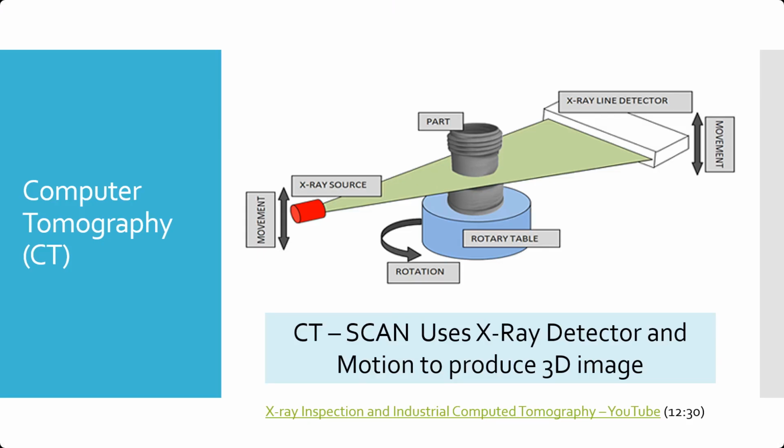The detector and X-ray source can swing around, and you lay there nice and still, but the table can move in and out. And so it can create these 3D scans from all different angles to produce a 3D image that can be used for things. So I do have a video on this.